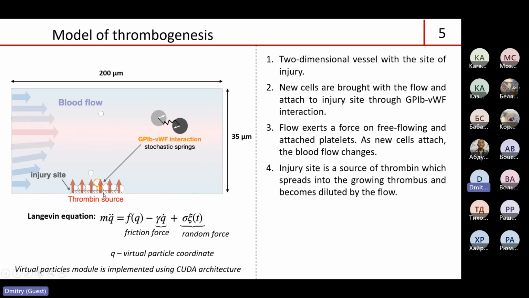The second part, which also changed, is that in order to consider chemical species in this model, we solve Langevin equations for virtual particles. We considered a lot of virtual particles that can represent, for example, thrombin, which emanates from the injury site. We solved the Langevin equation, and then to get the concentration map, we count how many particles are in different regions of the square map, which is 1 micron by 1 micron.